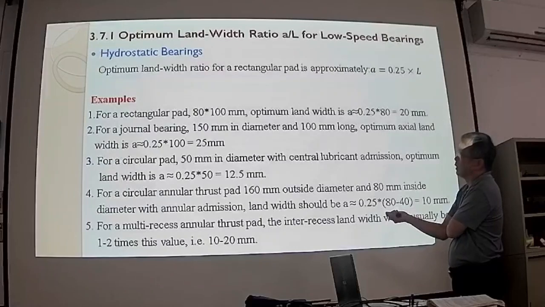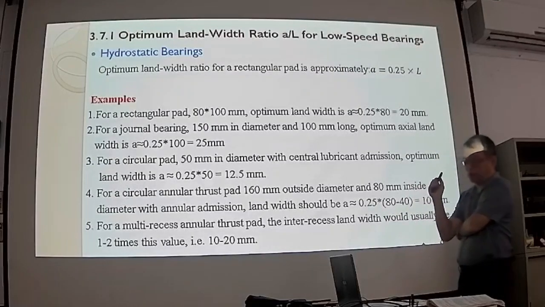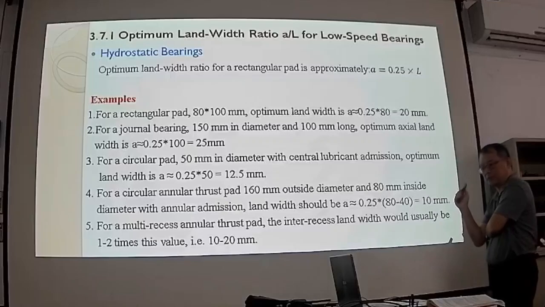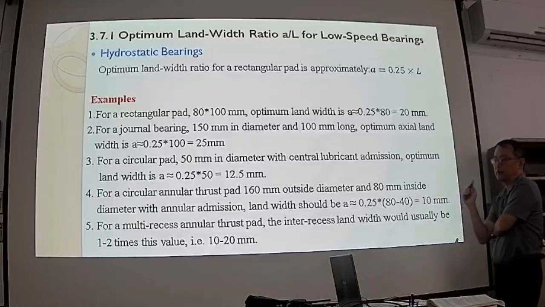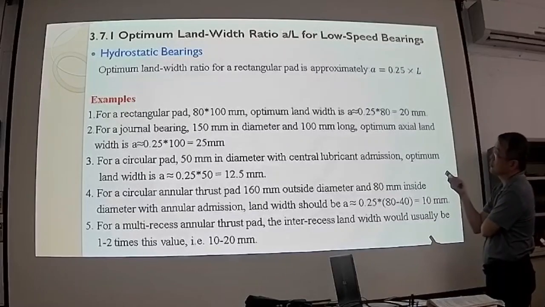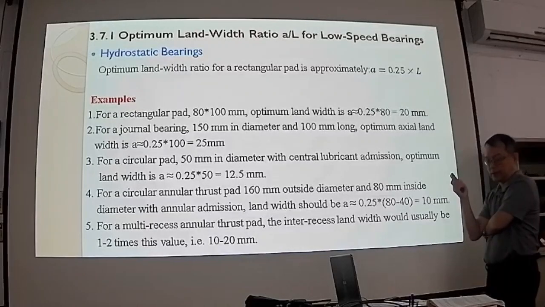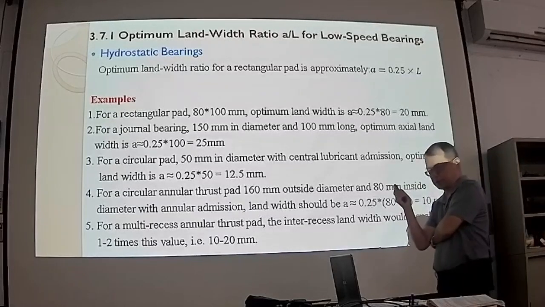And then we discussed some of the design parameters for our hydrostatic bearing. For instance, the length ratio. The length ratio is an important design parameter for the hydrostatic bearing.